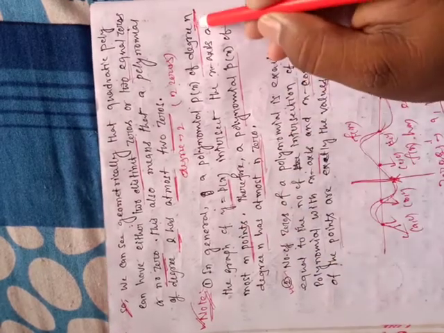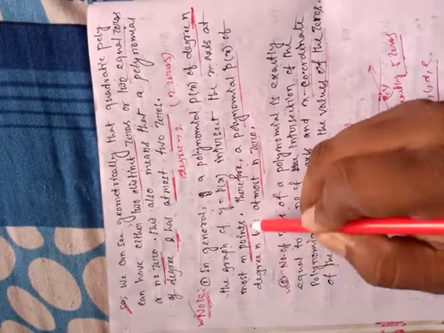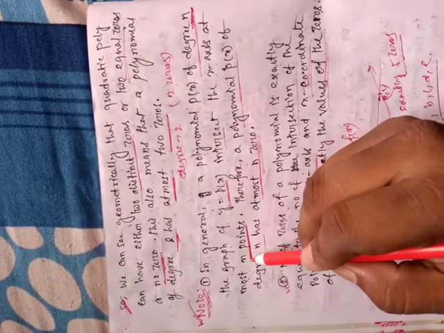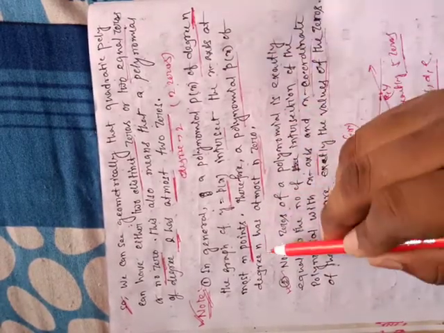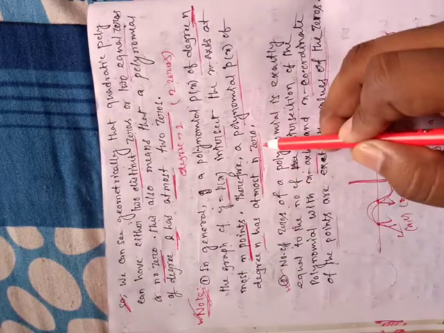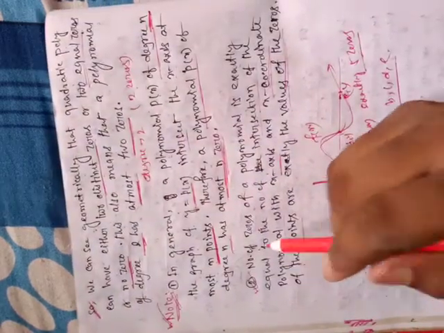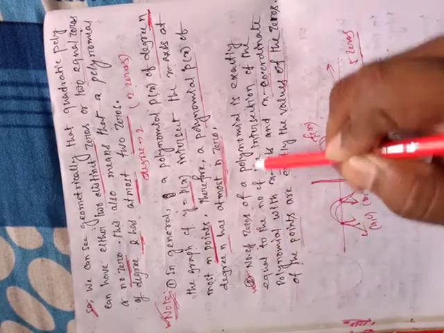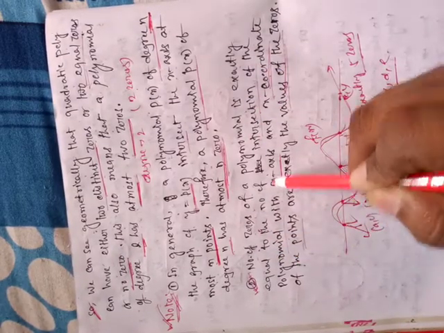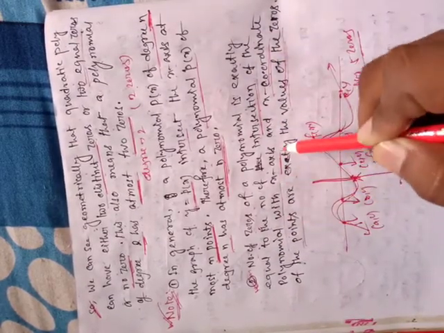So for degree n, the maximum cut points are n. Therefore a polynomial p(x) of degree n has at most n zeros.